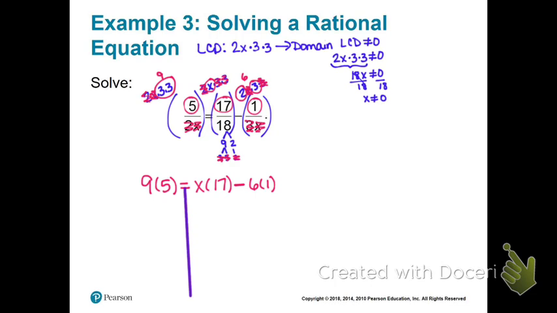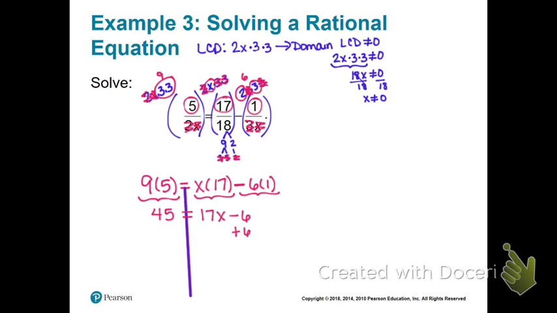And we're going to solve that equation. So what's 9 times 5? 45. Equals x times 17. 17x. Good. And negative 6 times 1. Negative 6. How do you want to solve this?